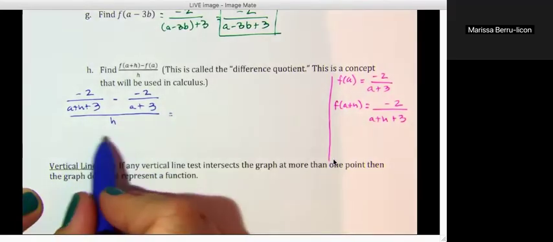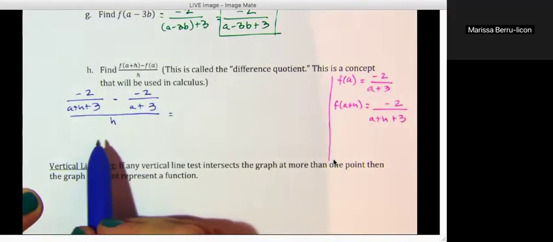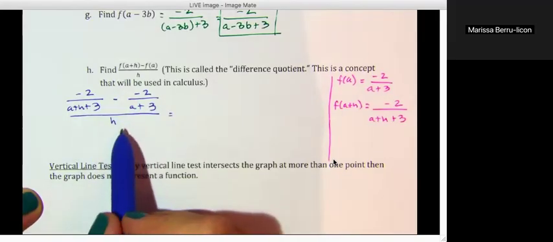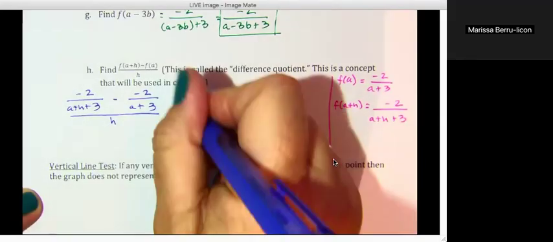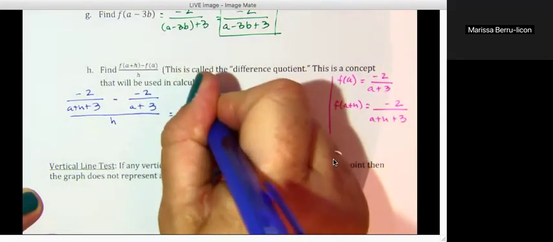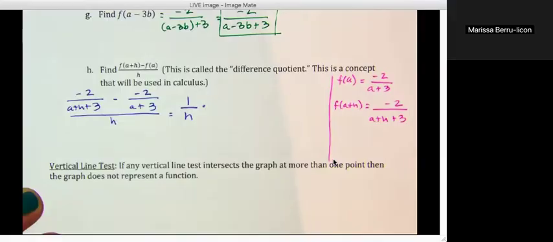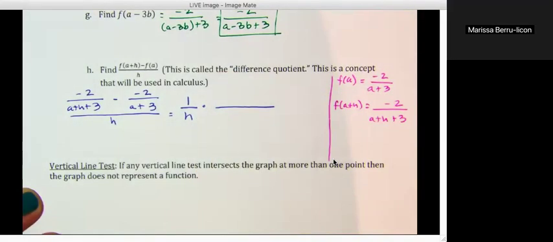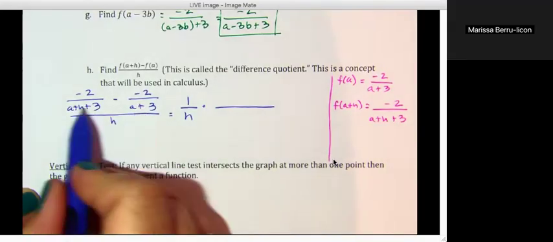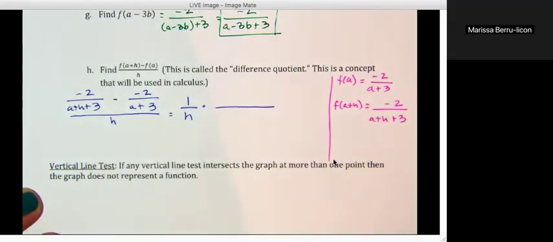Sometimes students will get confused or this looks intimidating because what we have here is what's called a complex fraction. We have fractions inside of a fraction. Well, dividing by h is the same thing as multiplying by 1 over h. So if you want to change this so that it's 1 over h times the rest of it, we can do that. Now, in order to add these fractions together, I need a common denominator.